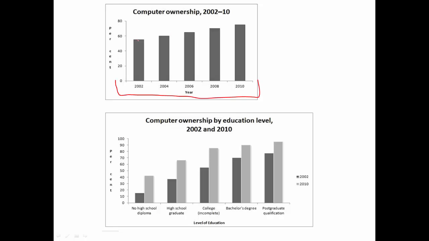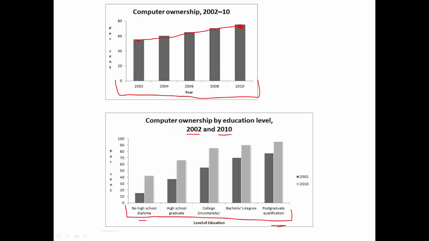So what I do is I just put my pencil or pen at the start and I trace it up to the end. And what happens is you'll see that's a steady increase. The next thing I would do is look at this. So this is 2002 and 2010, and it is divided into level of education, from the lowest level of education up to the highest.